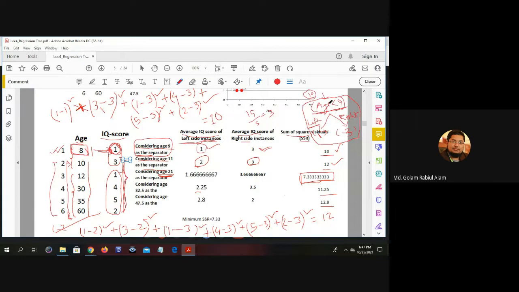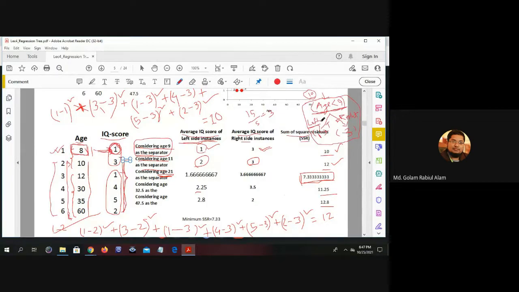In such a case, what we have to check is whether age is less than 9. Is it true or false? Ten, this is false. That means we have to move to the right side. This line is for the true case and this is the false case.